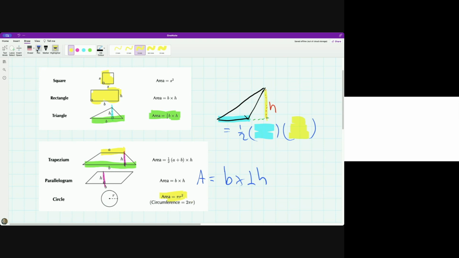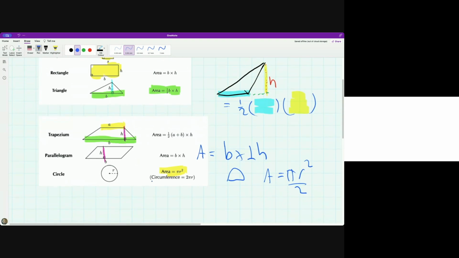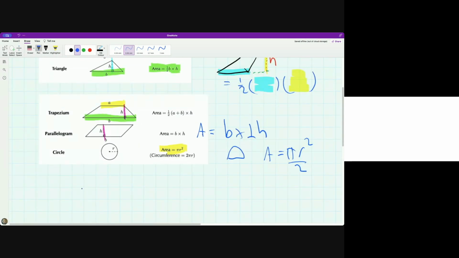But obviously, if you have a semicircle, well, then the area will be pi r squared divided by 2. What if we have a quarter circle? What will the area be of a quarter circle like this?